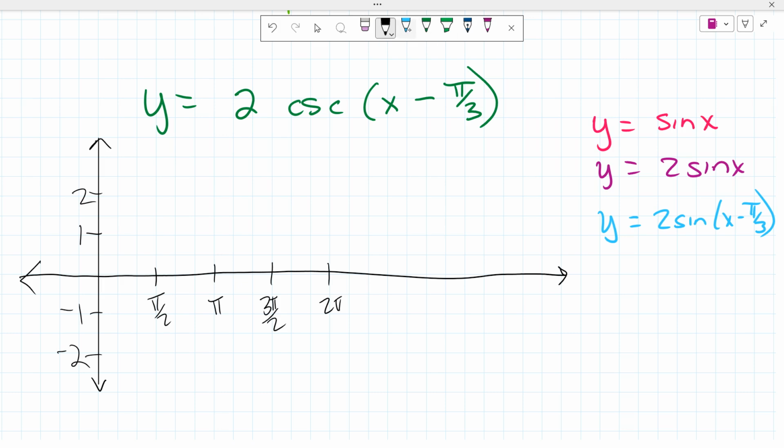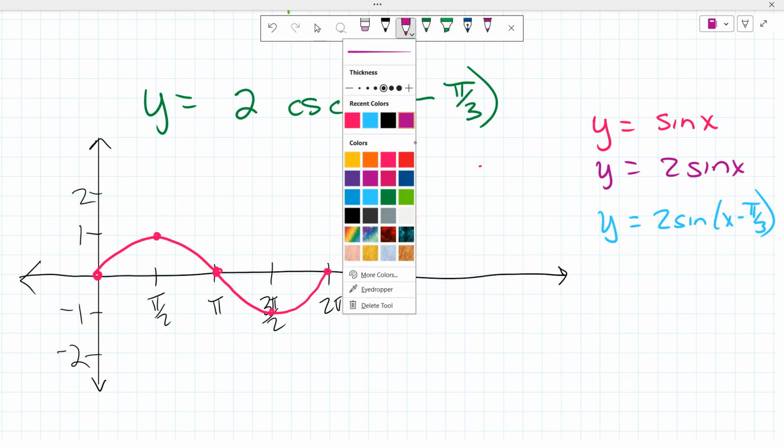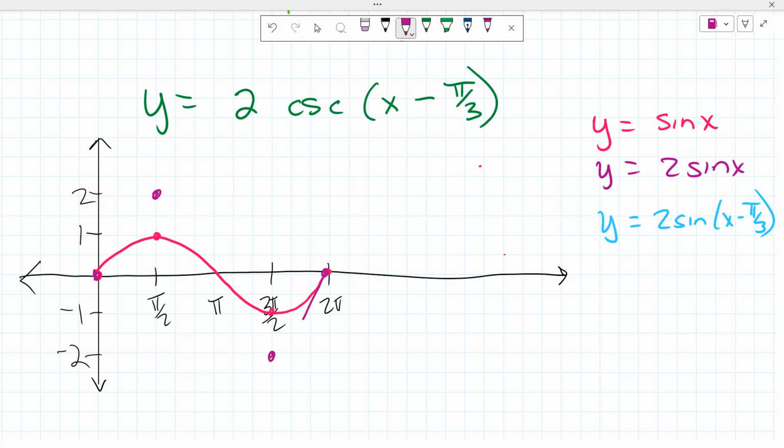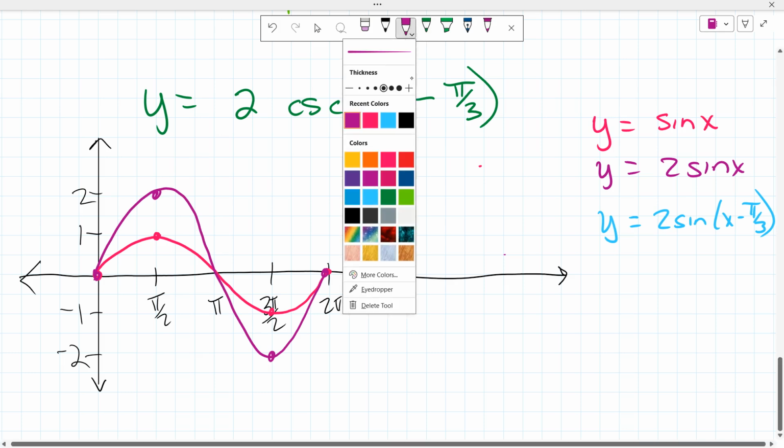All right, so y equals sine of x: 0, 1, 0, negative 1, 0. 2 sine of x is twice as high and twice as low. 2 sine of x minus pi over 3 means we move pi over 3 which direction?